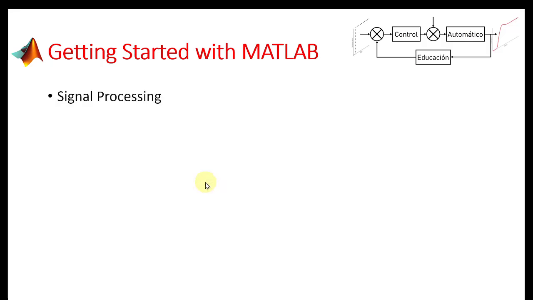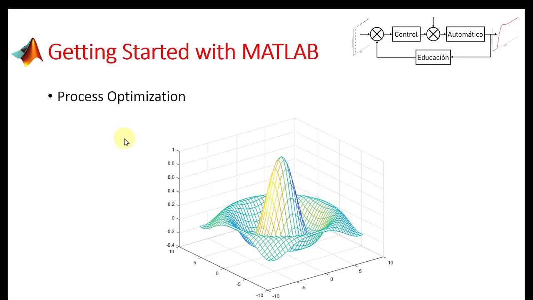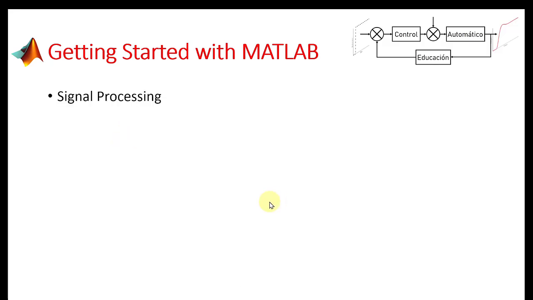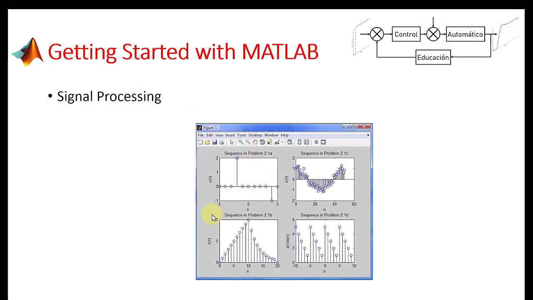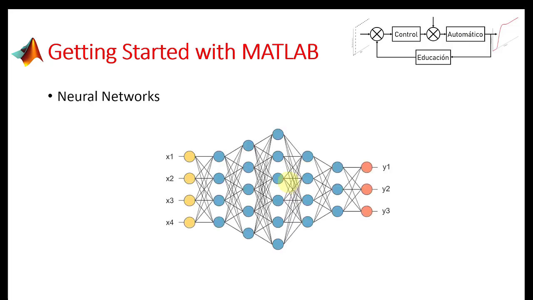MATLAB is great for creating 2D and 3D plots for detailed engineering analysis. Signal processing is another area, applying Fourier transforms, analyzing filters, and so on. And one of the most popular topics today is neural networks. MATLAB allows us to design and implement neural networks and artificial intelligence models that can be applied to many areas in engineering.